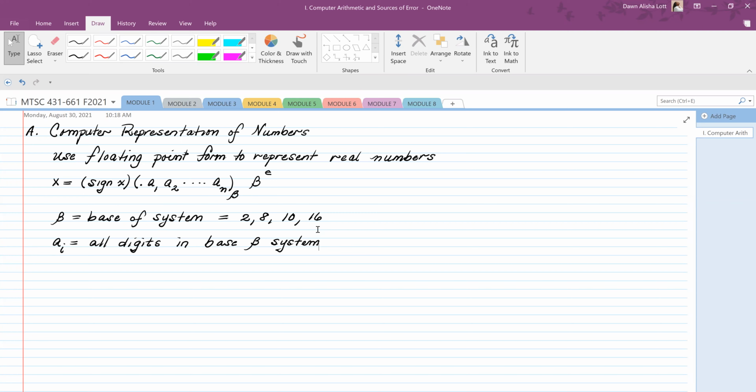Okay, so you have 0 is less than or equal to Ai is less than or equal to beta minus 1, and A1 is not equal to 0. So that's A1. E, well, this is an exponent, or a characteristic.